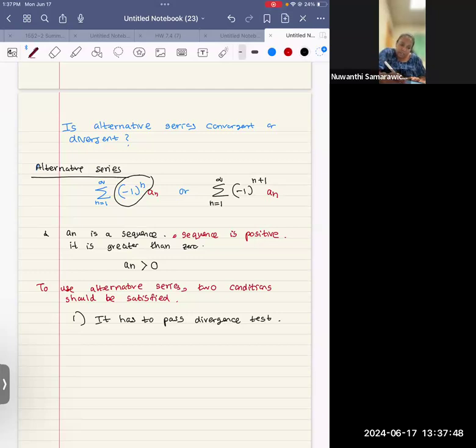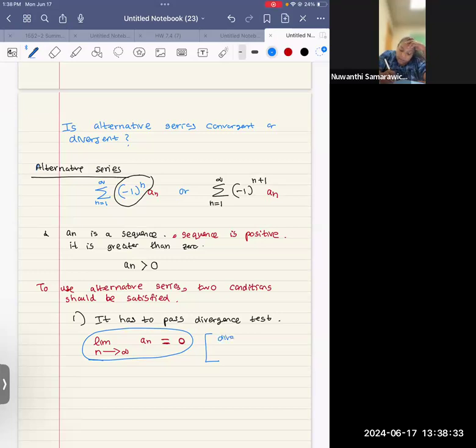What is the divergent test? I recalled it in the first couple of minutes. If the limit when n approaches infinity of a sub n is equal to 0, this is what we have to show. We have to show that the limit when n approaches infinity of a sub n is equal to 0.